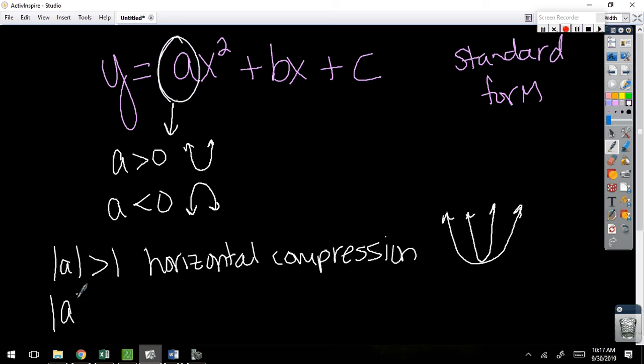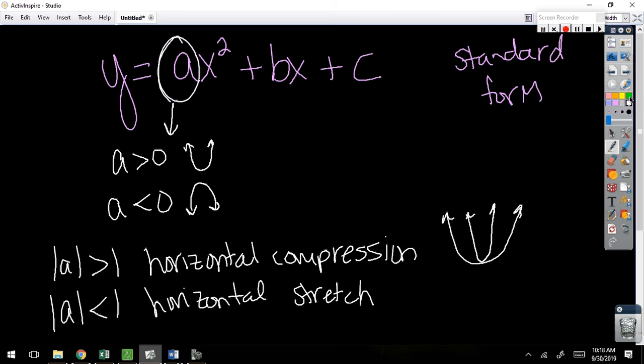So then as the absolute value of A gets smaller, it's a horizontal stretch, which means it's getting wider and wider and wider, right? Fractions, decimals, a half, a third, a fourth.